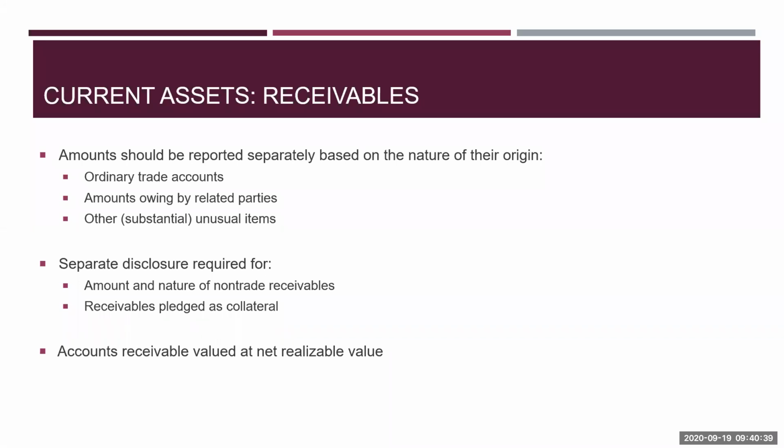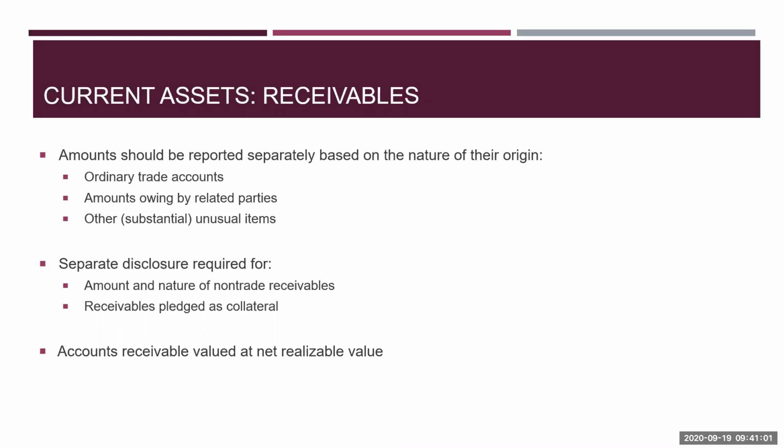You could also have some unusual items that are reported. We could have trade receivables. Trade receivables are the receivables that come into play as part of the business transactions or operating activities, such as your accounts receivable and notes receivable that came into effect as part of the business operations.